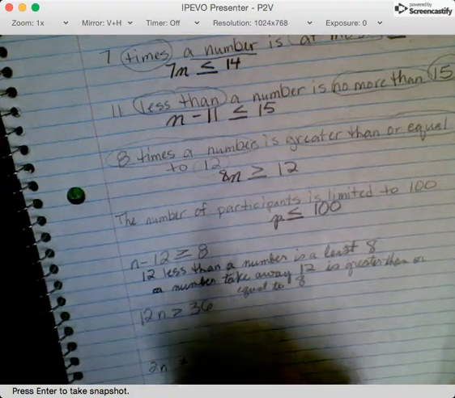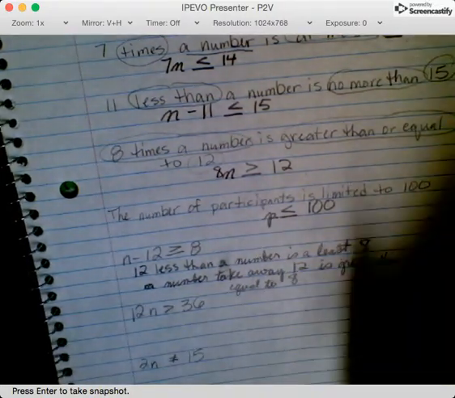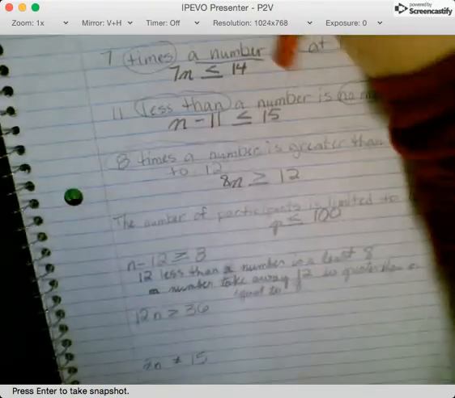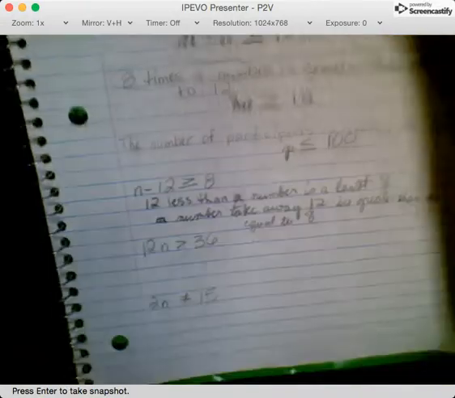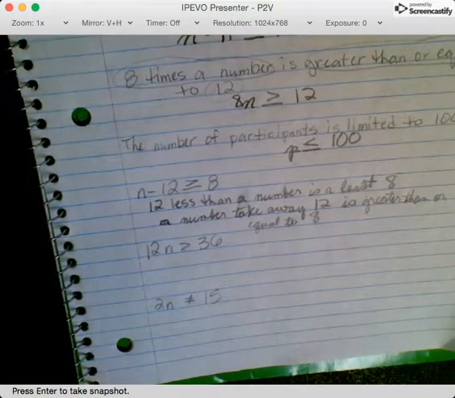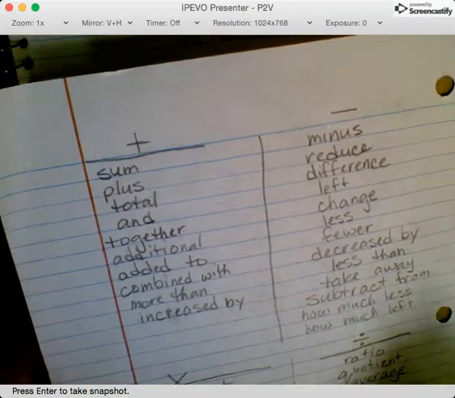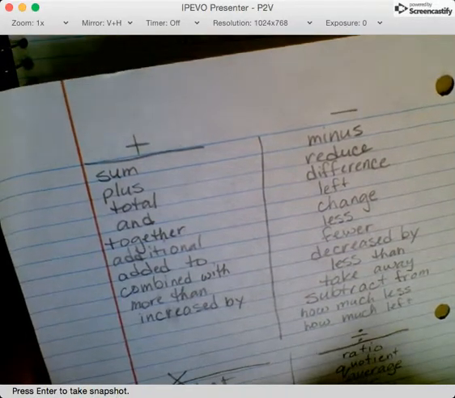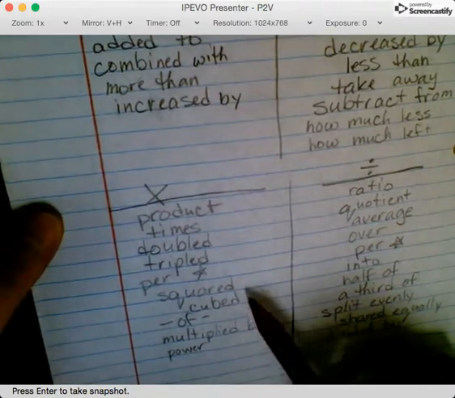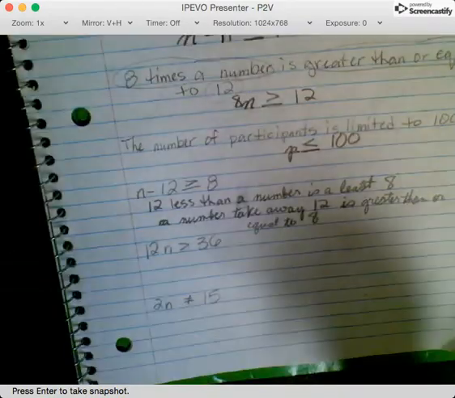12n. So I have 12n, that's indication of multiplication. So let me say, I'm just going to use times. Or maybe let's use the word product actually.